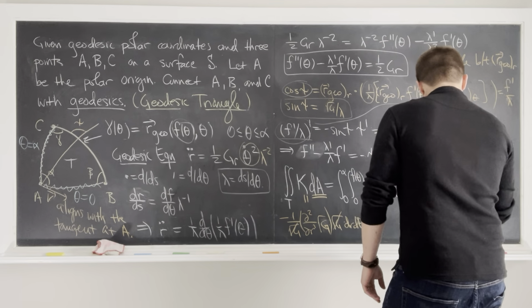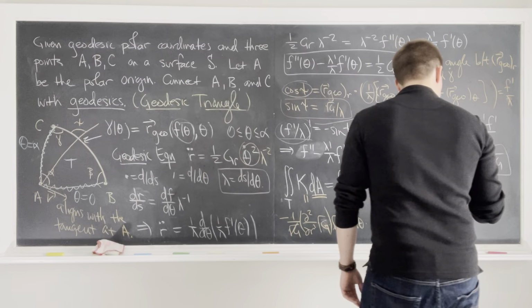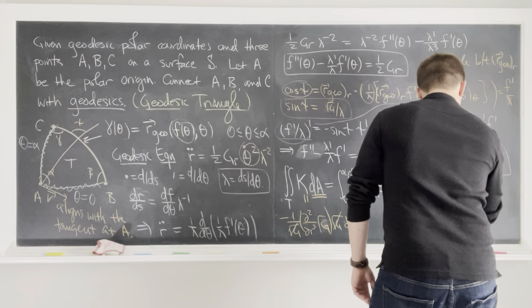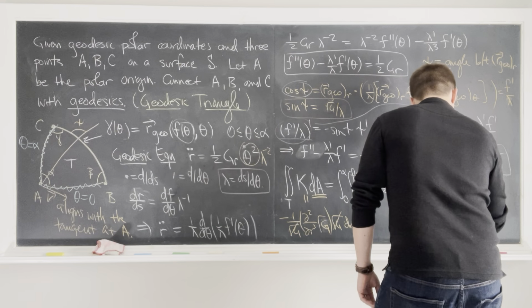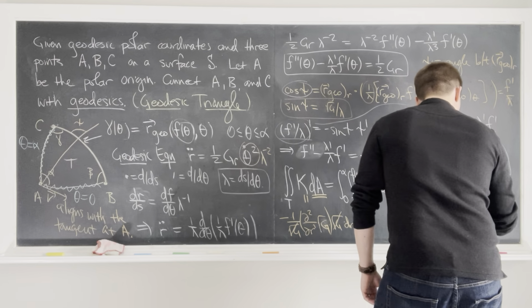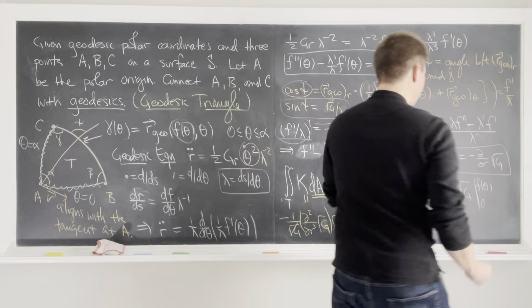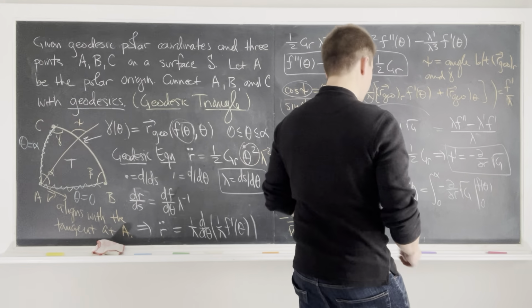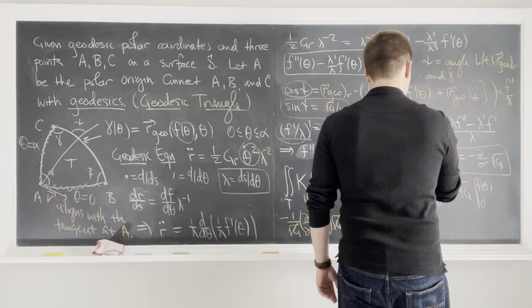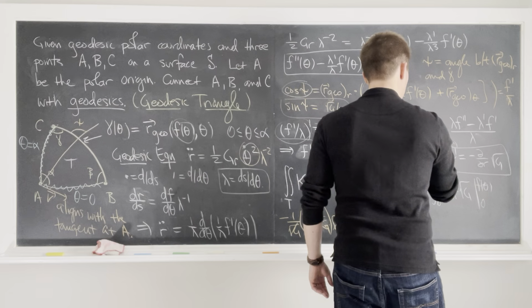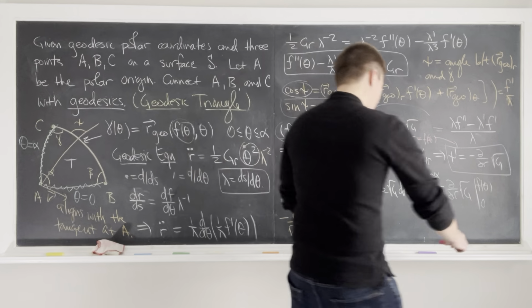So that's just going to be negative d by dr of root g evaluated from 0 up to f of theta. Now this relationship is only valid on f of theta, right? So in other words, this equation over here is valid for r equals f of theta. So that differential equation is satisfied on that curve. Okay, and then I have a d theta.